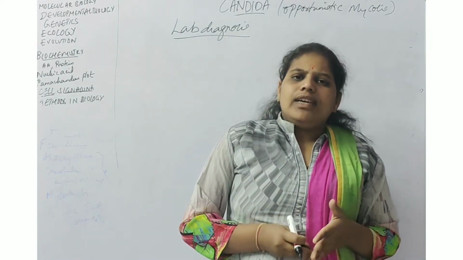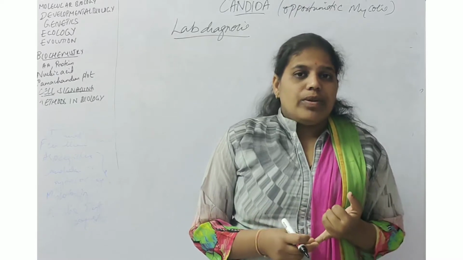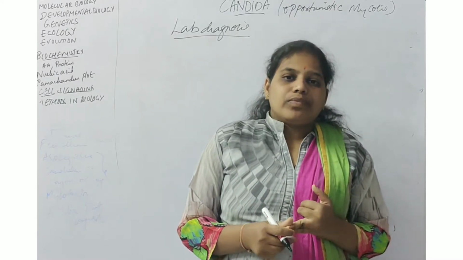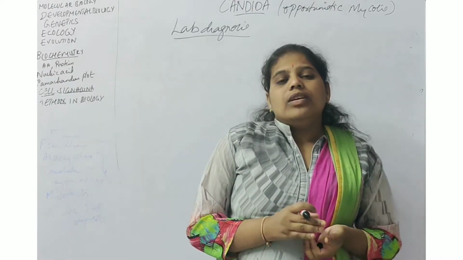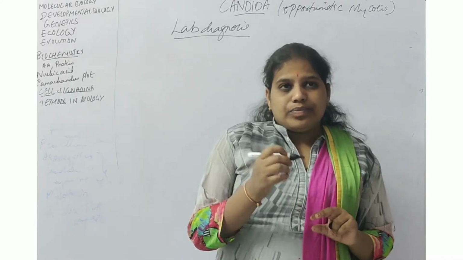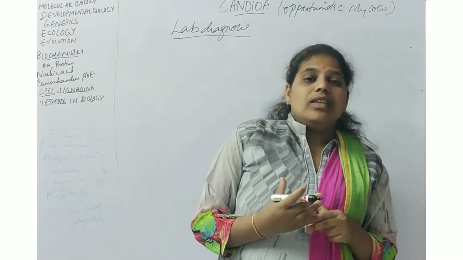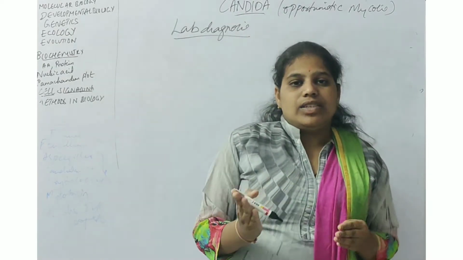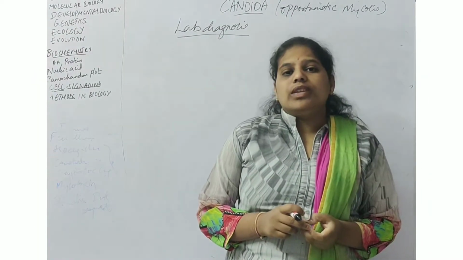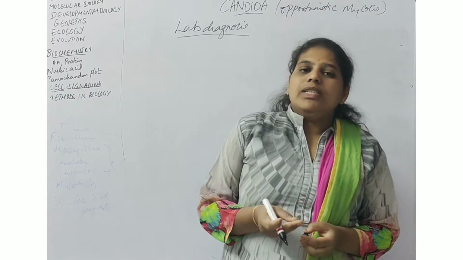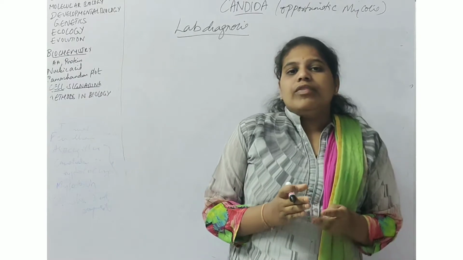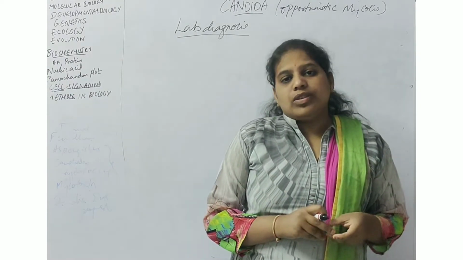In Candida we can do direct microscopy, or we can do a germ tube test. In the germ tube test we can observe the Candida without constrictions, and we can also observe colonies by growing the specimen on corn meal agar, where we can observe chlamydospore formation of the fungi.